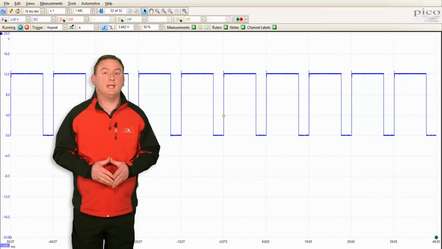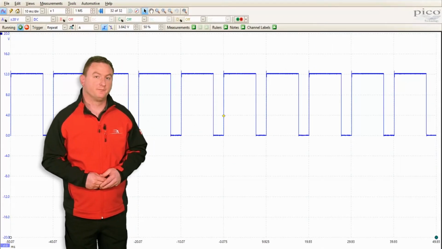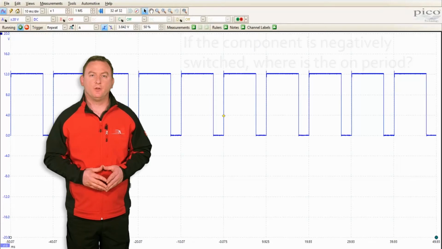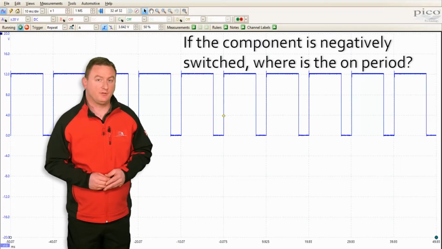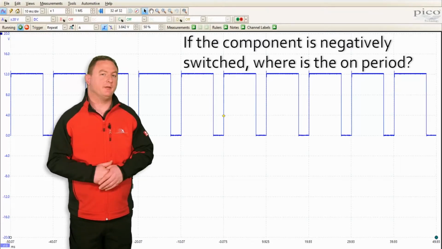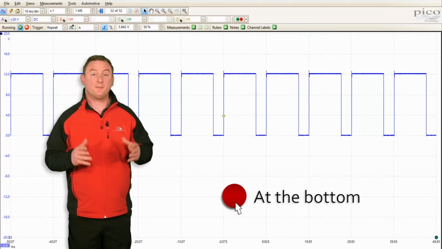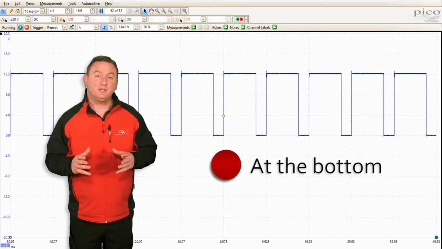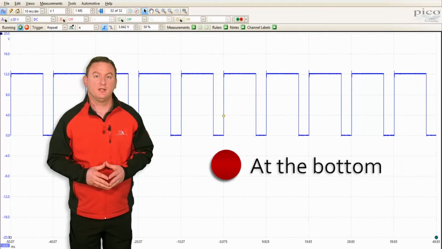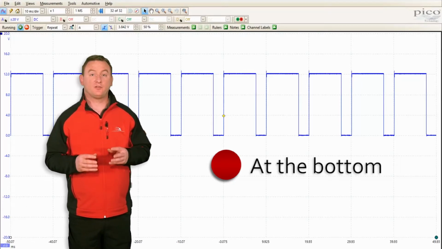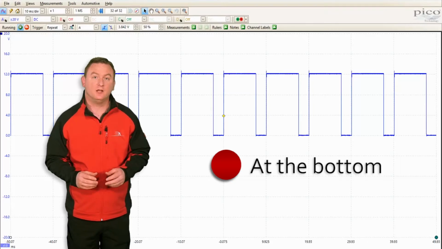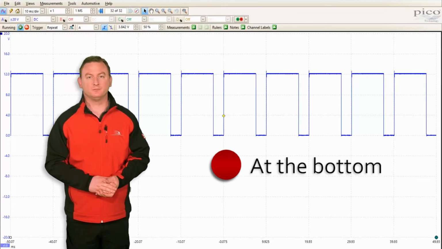Here we can see a pattern of a PWM signal. So if the component that we're testing is being negatively switched, is the on period at the top of the pattern or the bottom? Yeah, well done. If a component is negatively switched, then the on period, which is the time that the circuit is complete, would be at the bottom of the pattern.